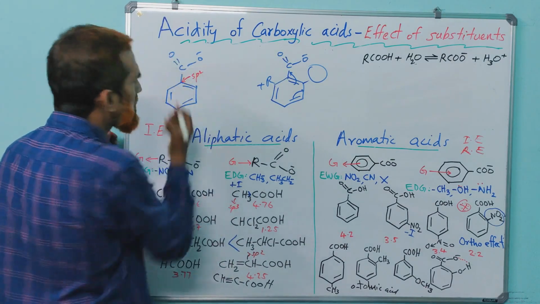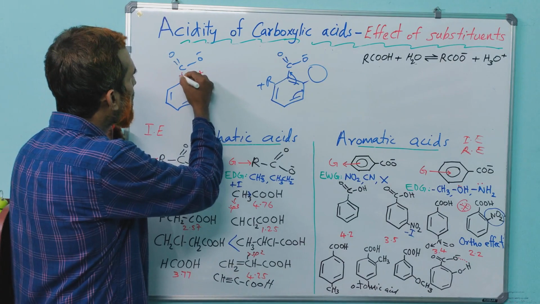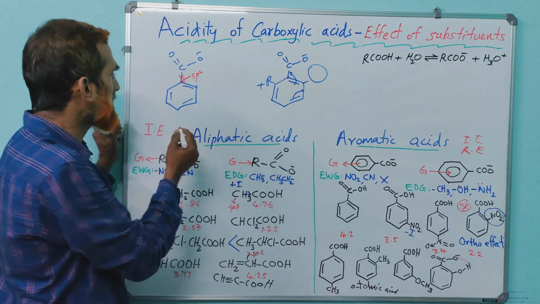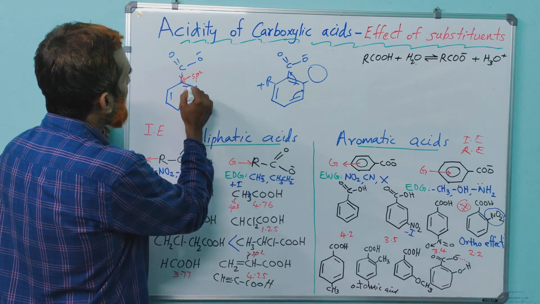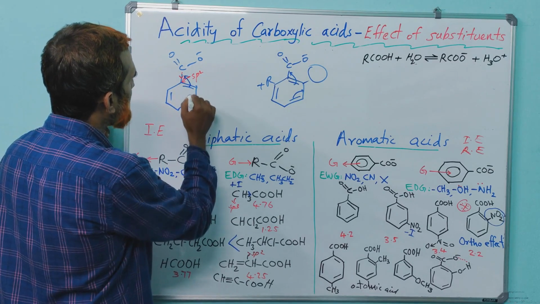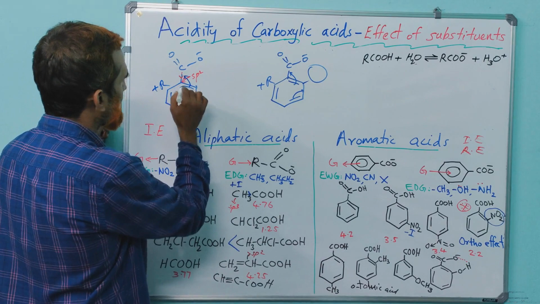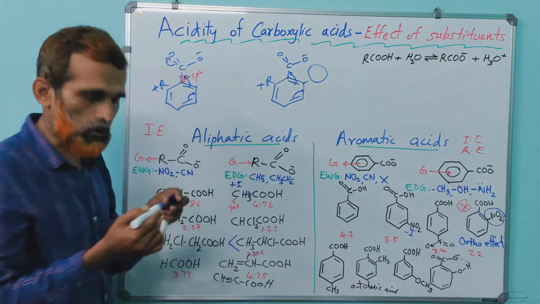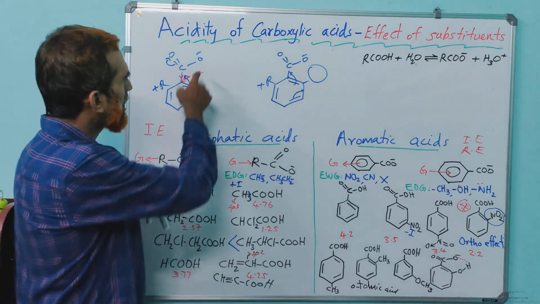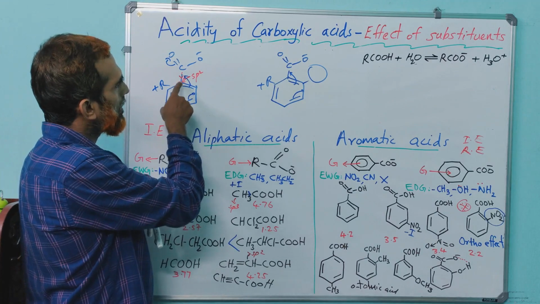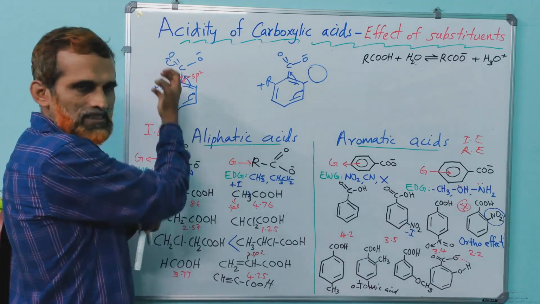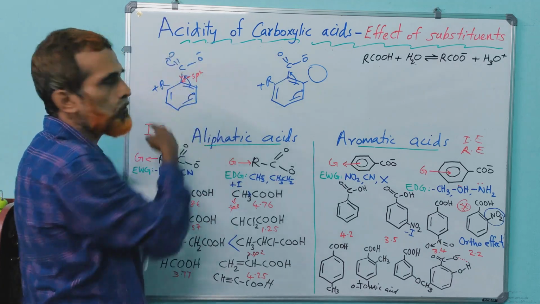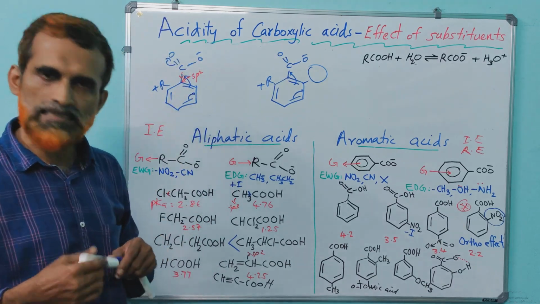So there is stronger withdrawal through the sigma bond. At the same time, this ring electron, the pi electron density can move in this direction, a kind of plus R effect. That is also possible. But the electronegativity of sp2 carbon is predominant and it stabilizes this carboxylate group and it is more acidic.